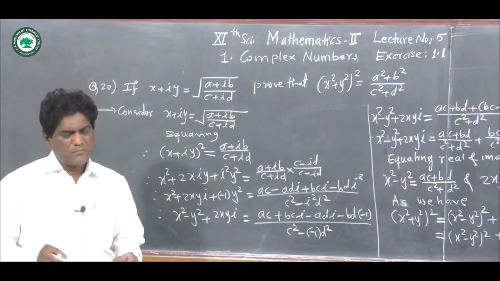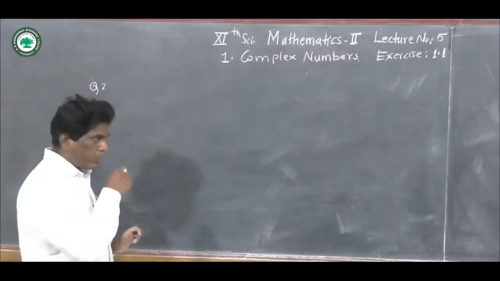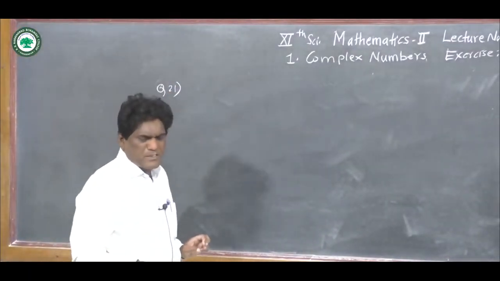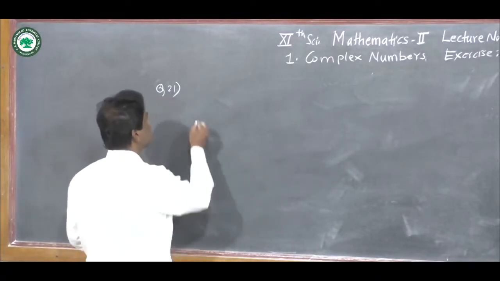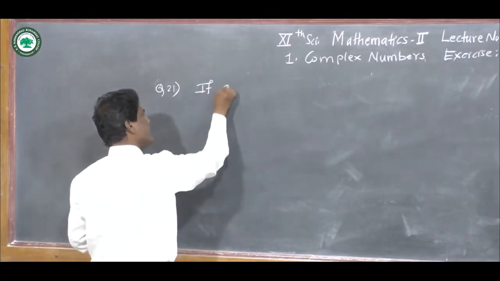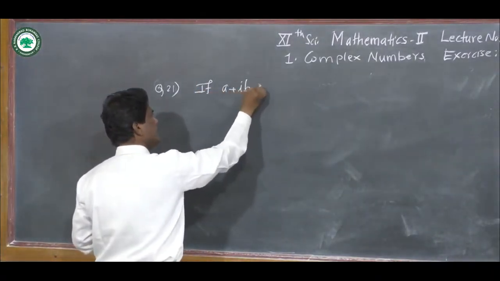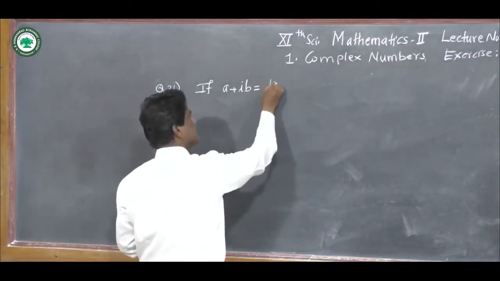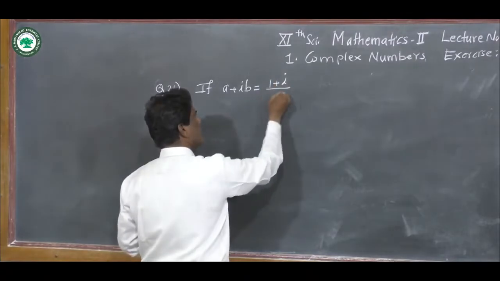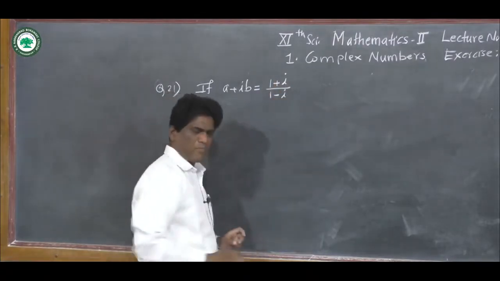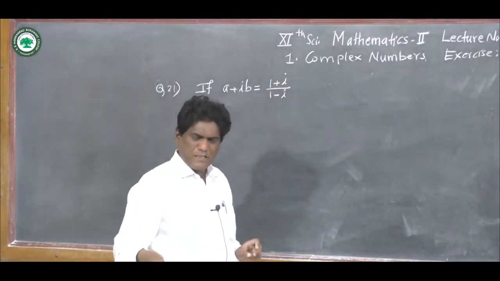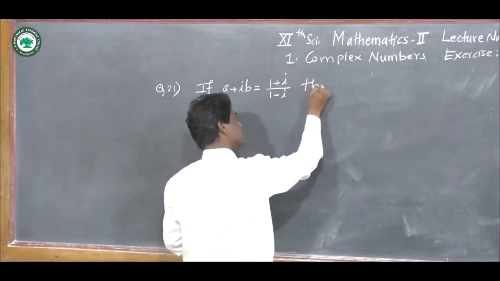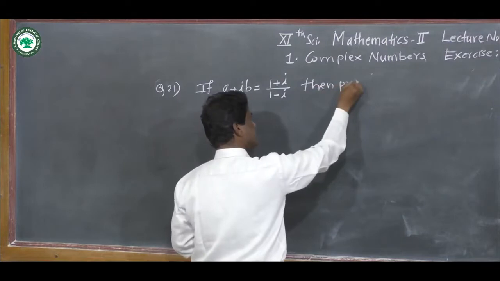21st problem: if a plus ib is equal to 1 plus i upon 1 minus i, prove that a square plus b square is equal to 1.